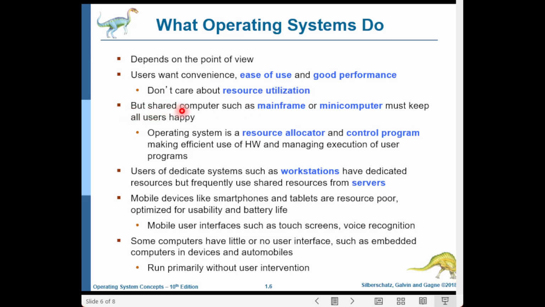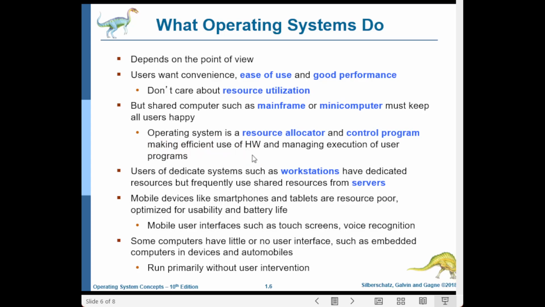However, for shared computers, for example in a client server environment or peer-to-peer computing, the operating system is a resource allocator or resource manager. For shared computers, they must keep all users happy, so to manage the various requests from various users, the operating system must make efficient use of hardware.